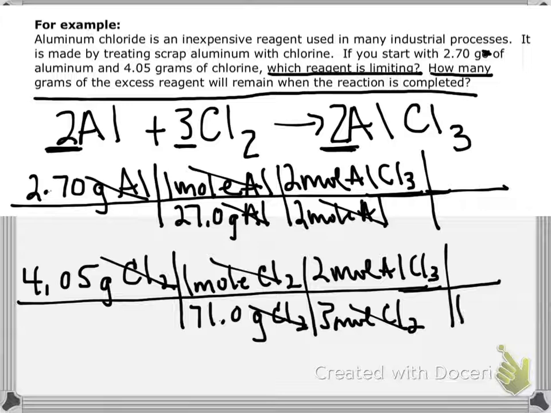So 1 mole of aluminum chloride, I'm going to put that on the bottom. And I'm going to look up the molar mass for aluminum chloride, so I'm going to add the mass of 1 aluminum and 3 chlorines.